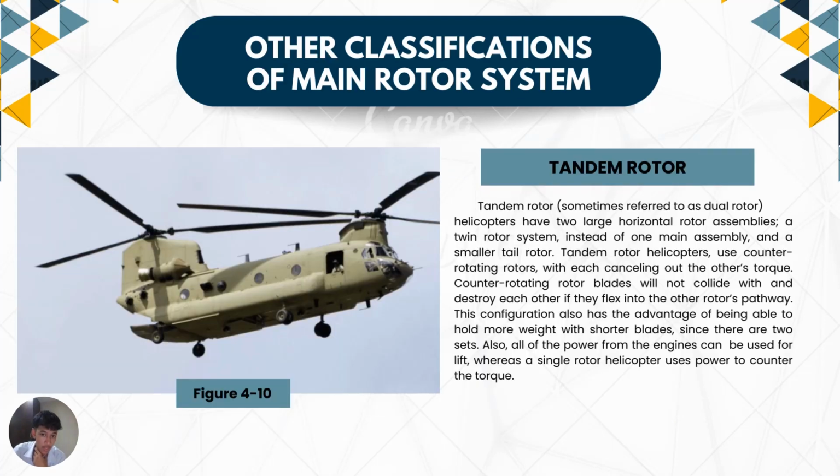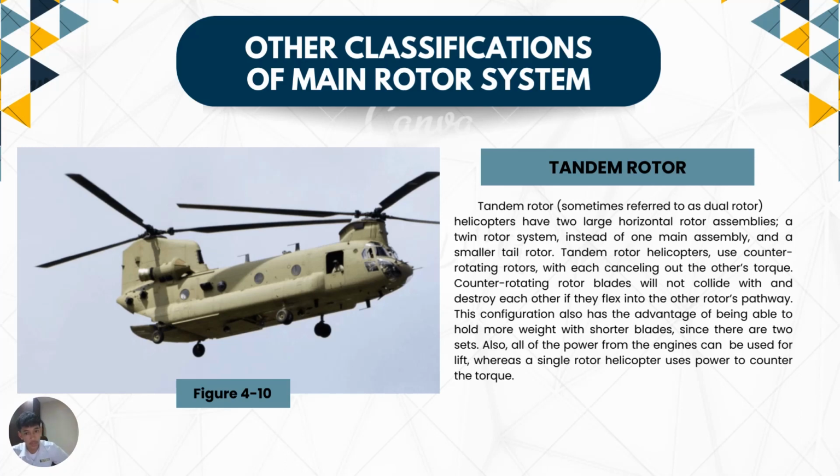Next is the tandem rotor. Tandem rotor, sometimes referred to as dual rotor, has two large horizontal rotor assemblies. The first is a twin rotor system, where instead of one main assembly and a smaller tail rotor, tandem rotor helicopters use counter-rotating rotors, with each canceling out the other's torque.